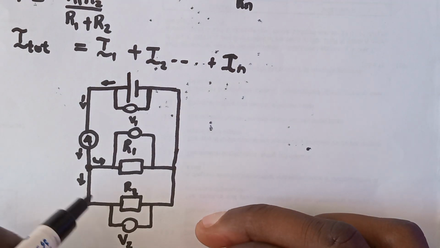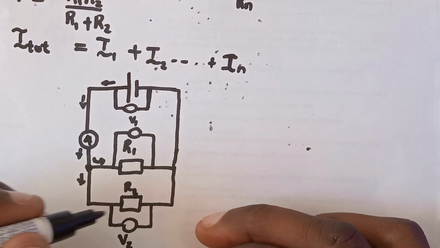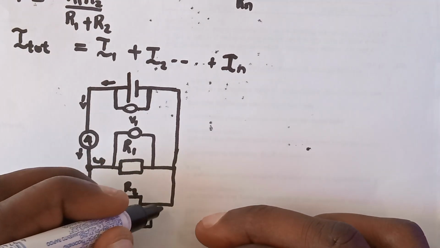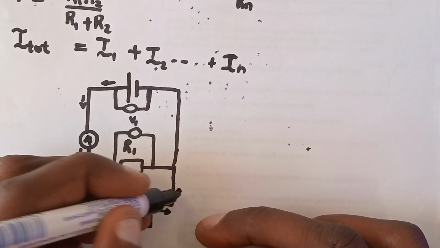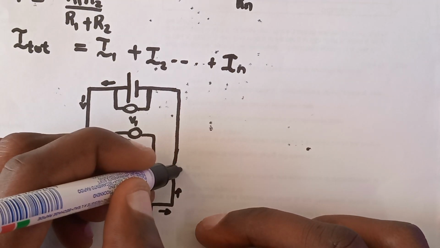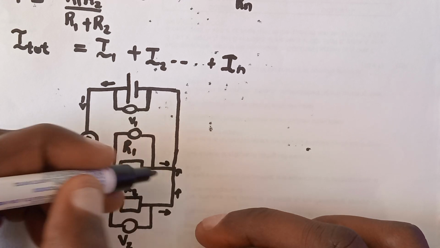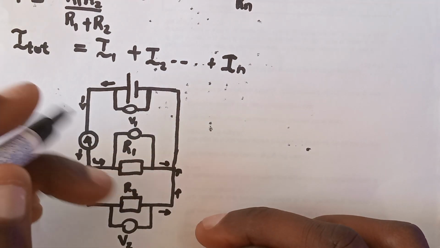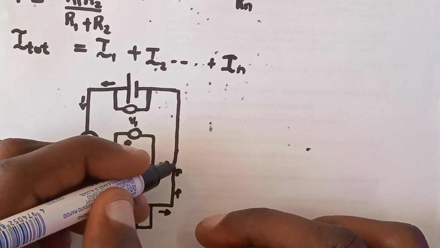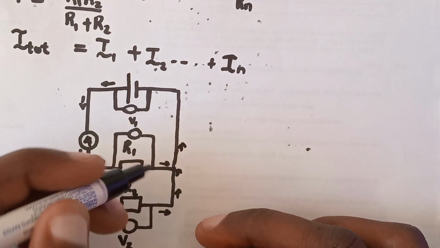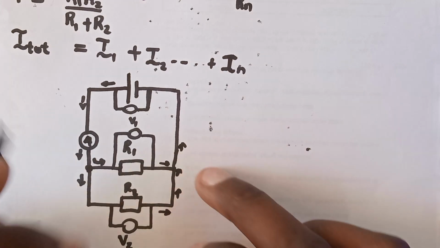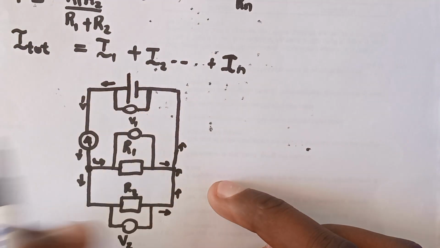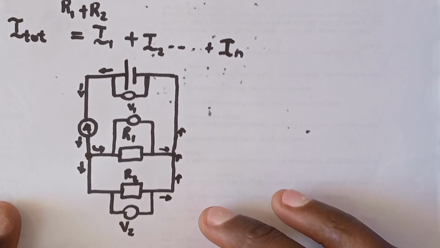The only thing that is divided is the current that flows in the circuit. So the current flows this direction up here, and then meets the one that flows from this direction, and they make the total current that flows for the circuit here.